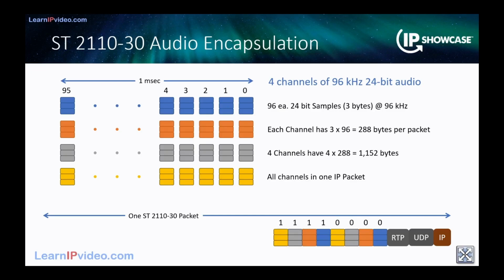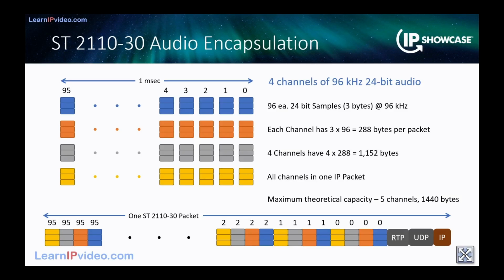Then I'm going to put in the same exact order, the channels from my number 1 sample, then my number 2 sample, all the way up to my number 95 samples. When I've done that, I've filled my entire packet, and that's ready to go out on the network. It's an IP packet full of headers and uncompressed audio samples.